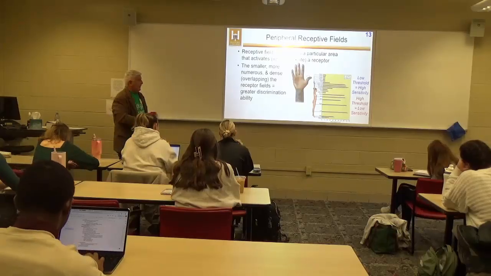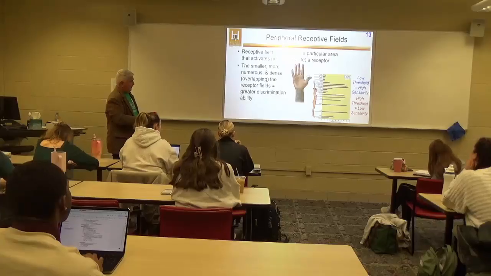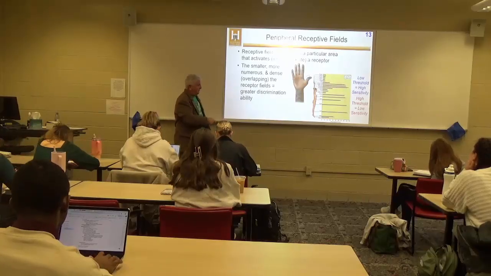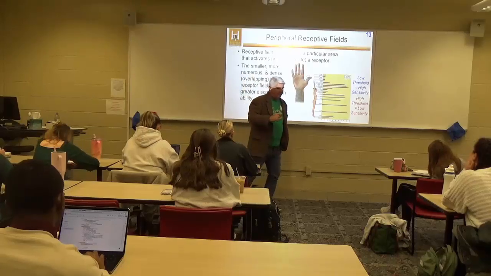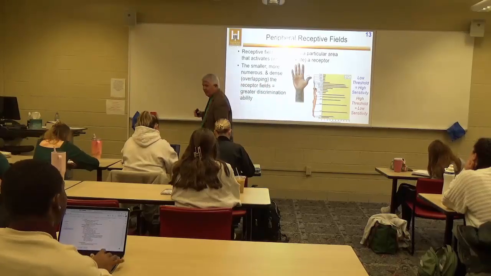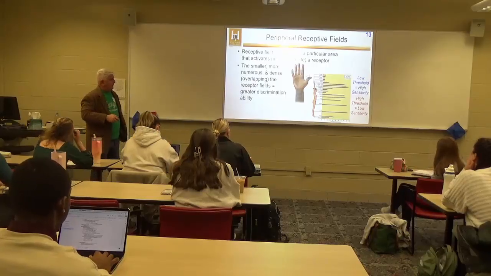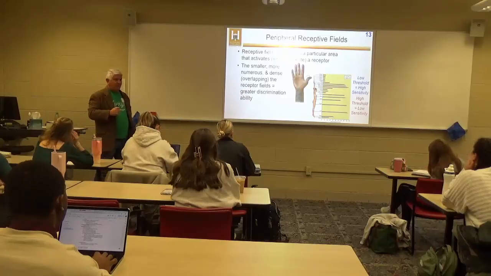Other parts of our body, like our arms and our trunk and our legs, have relatively low sensitivity, have relatively large receptive fields, and so the thresholds are higher. Why do you think we would want to have low thresholds for mechanoreceptors in those particular areas?